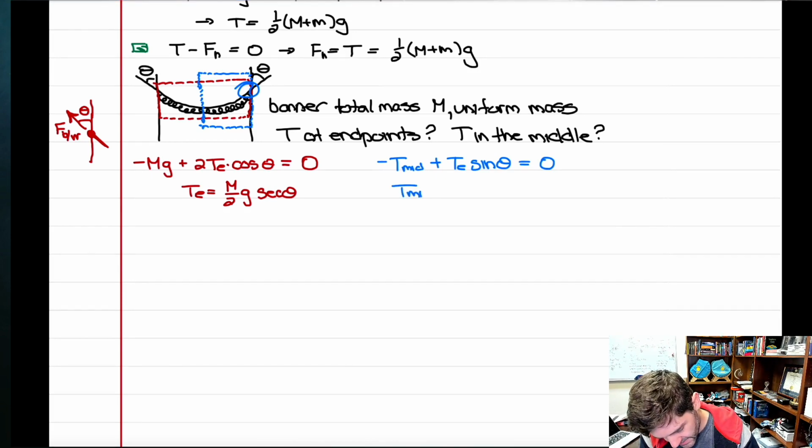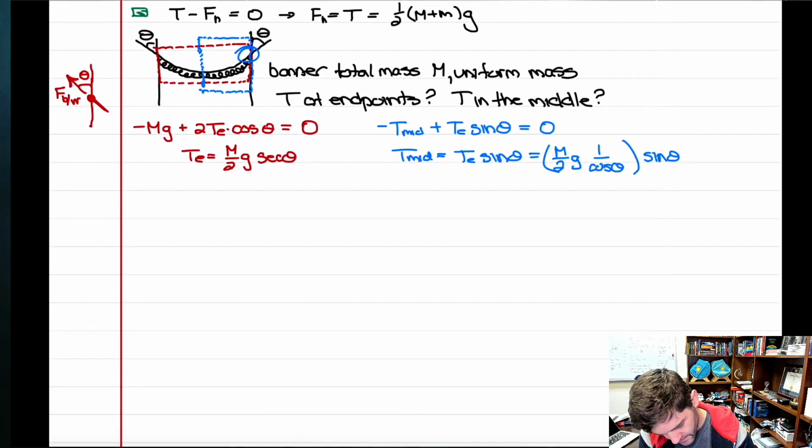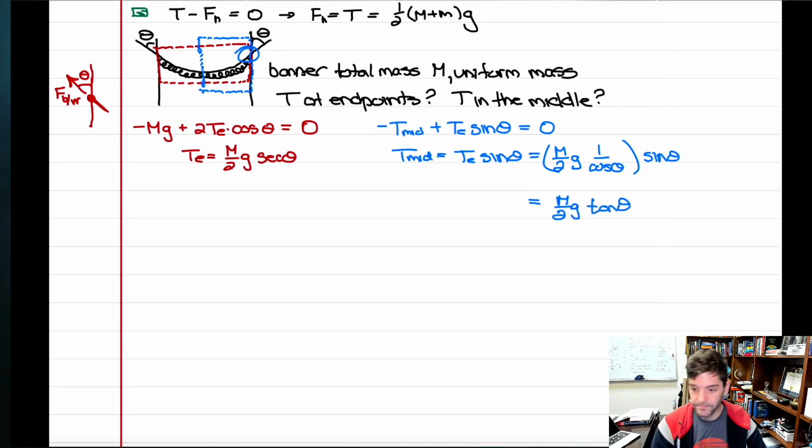So then this looks like the tension in the middle is going to be T at the end times sine of the angle. But then we figured out that T end before was m over 2 g, 1 over cosine. And that's all being multiplied by sine. Sine divided by cosine is tangent, so this looks like it's m over 2 g tangent of whatever that angle is.